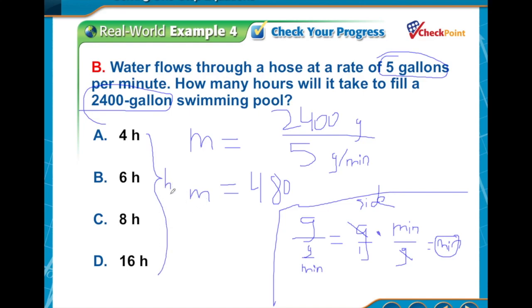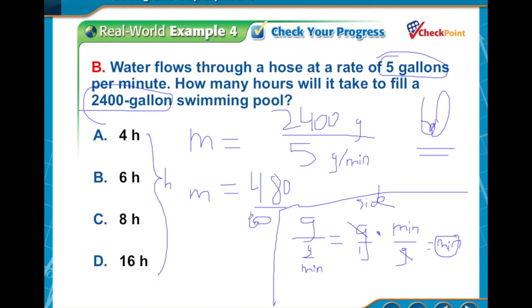So how do we change minutes to hours? Well, we need to take this minute value, and we know how many minutes are in an hour. 60. There are 60 minutes in every hour. So we take this 480 and divide by 60, and that'll tell us how many total hours we have.